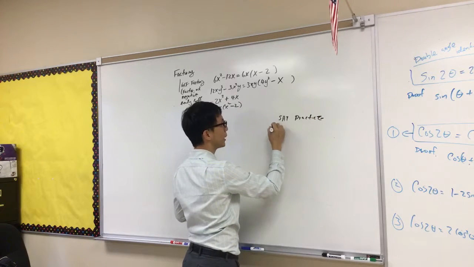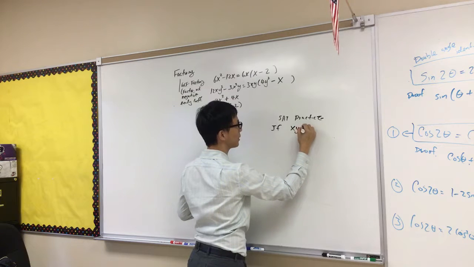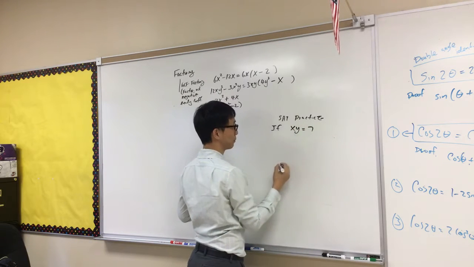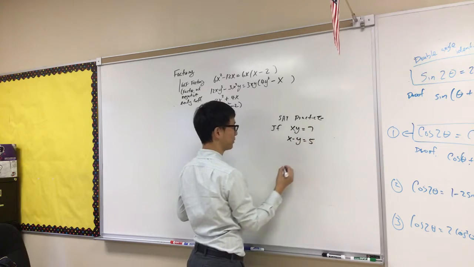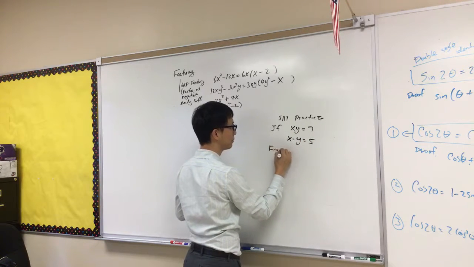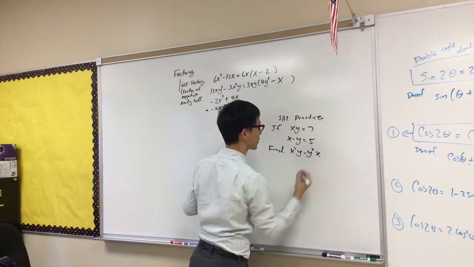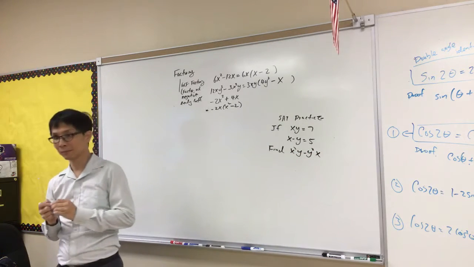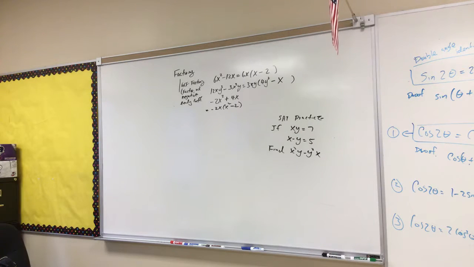Okay, so if x times y is equal to 7 and x minus y is equal to 5, find x squared y minus y squared x. It's equal to a number. This is an actual SAT question from the past. People post questions like this on Instagram.